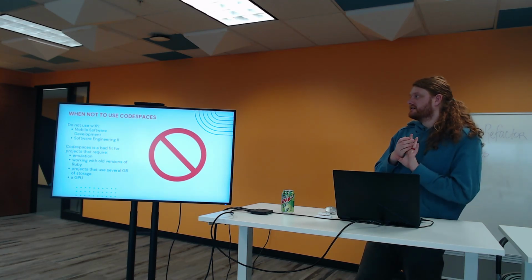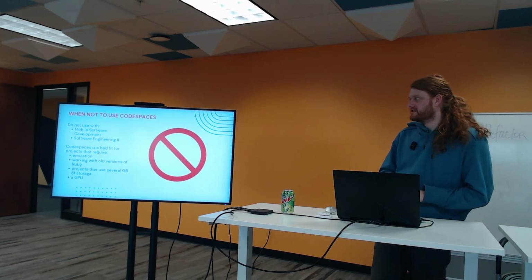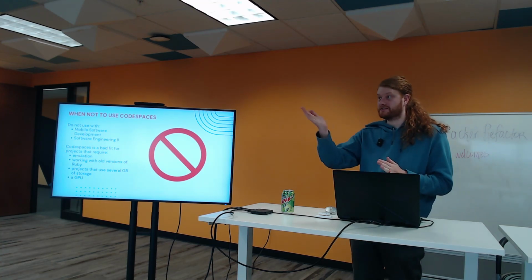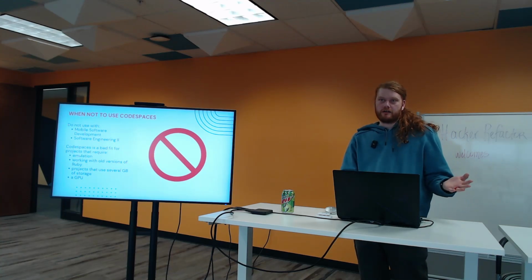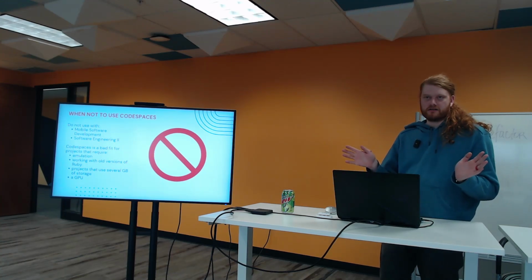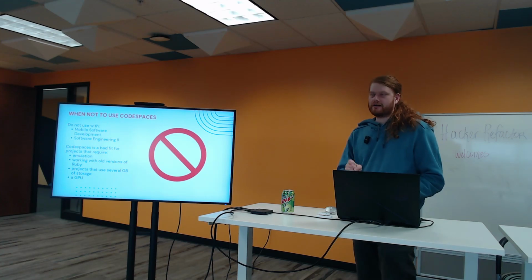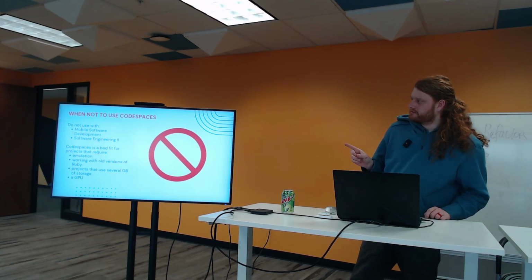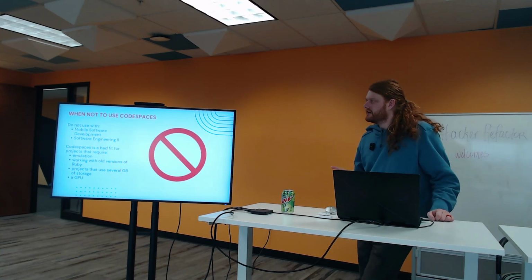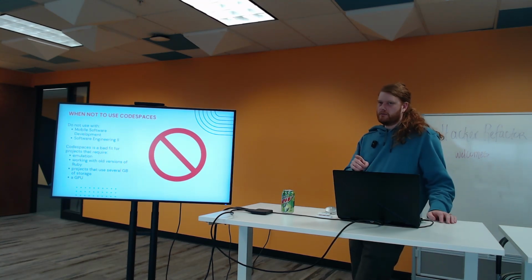The second class that I recommend not using Codespaces for is Software Engineering 2. You might think it has a Docker file, so you can just use that Docker file to make a container, and you absolutely can. It'll work. You just put it in there. It'll figure it out. But the problem is, in Software Engineering 2, you're using an ancient version of Ruby 5.